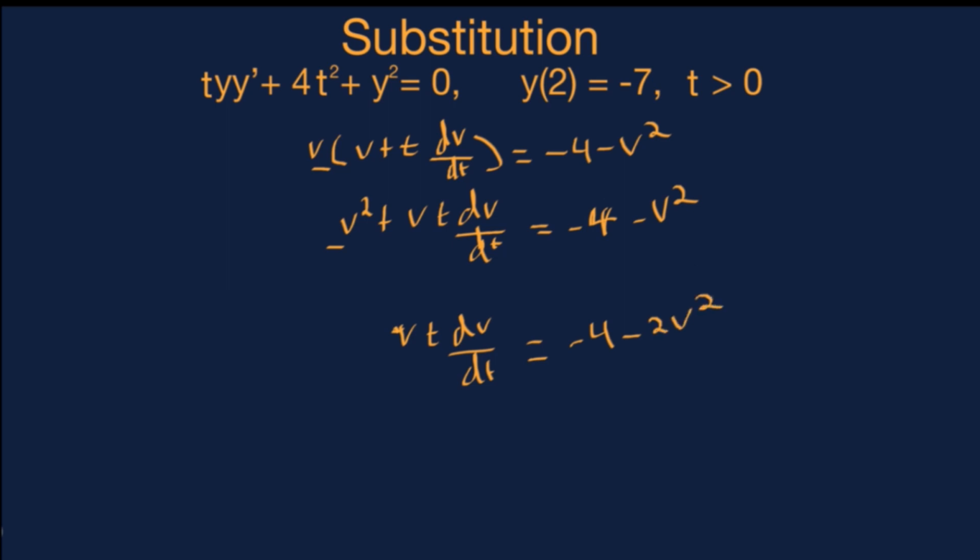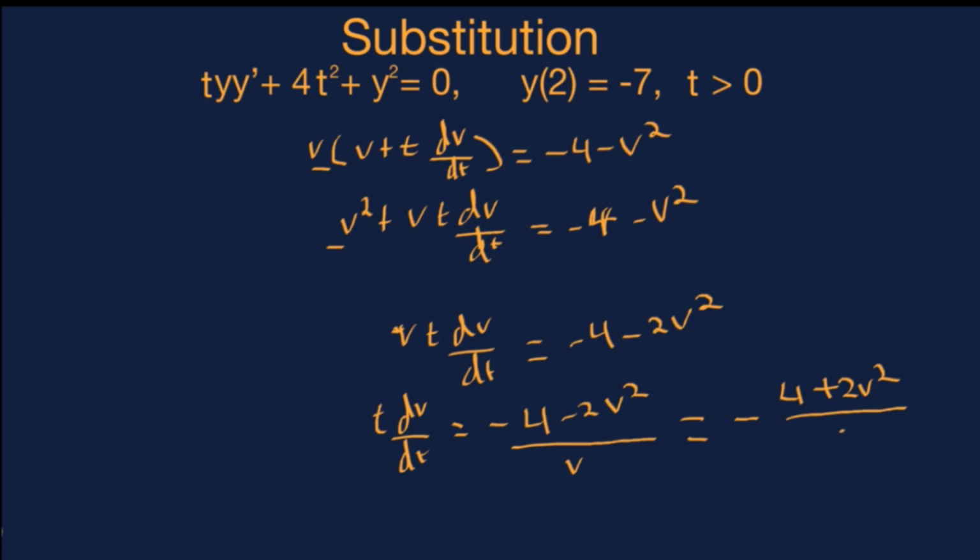And we can divide the v from both sides, and we get t times the derivative of v with respect to t is equal to negative 4 minus 2v squared over v, which is actually, if we want to factor out negative 1, we can say negative times 4 plus 2v squared over v.